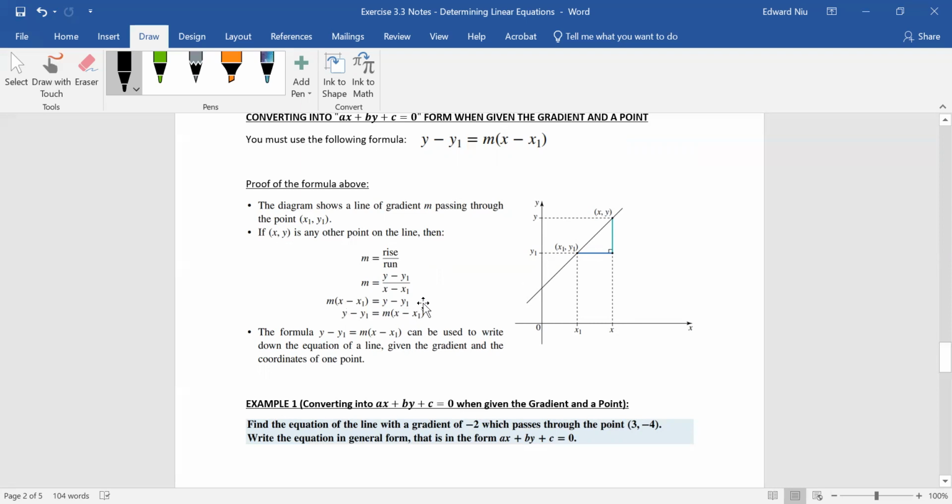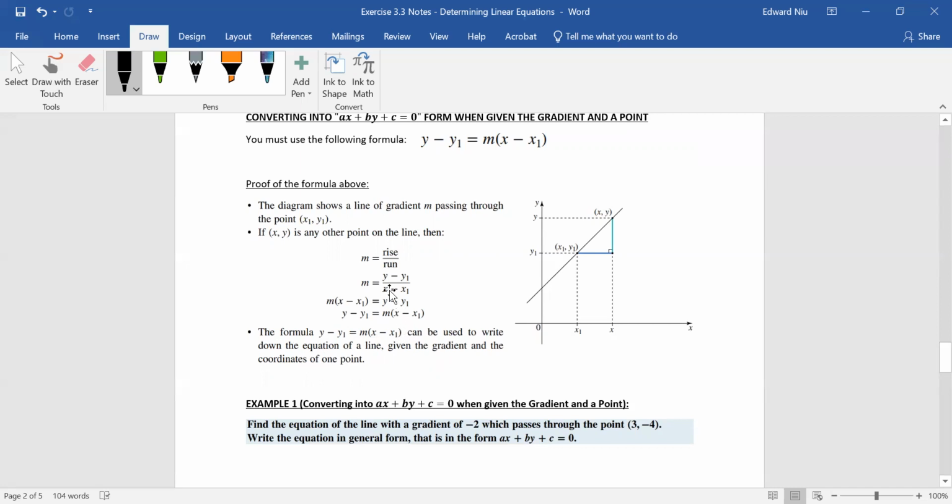Then we can flip that around and throw the y values on the left side and the x values on the right side. The formula y take y1 equals m brackets x take x1 can be used to write down the equation of a line given the gradient and the coordinates of one point.